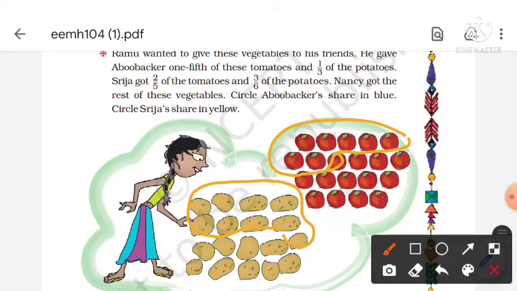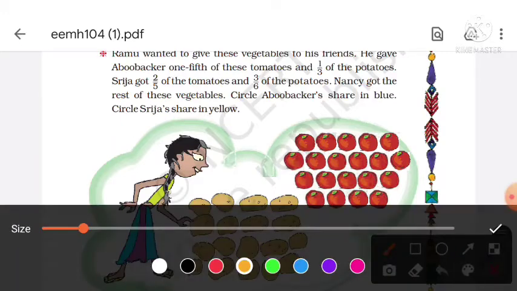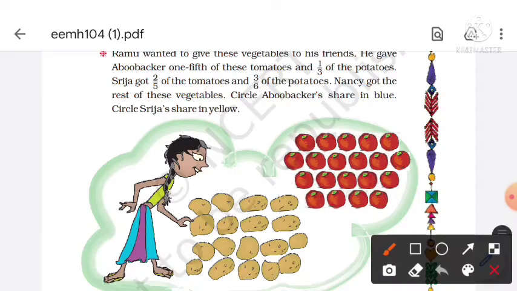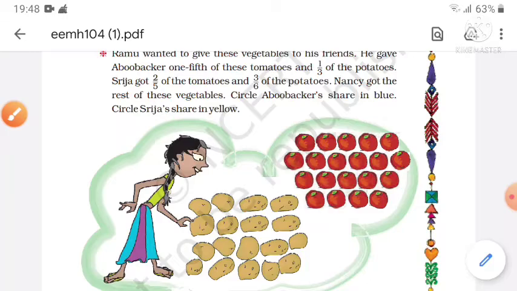Okay, and for Abu Bakr, 4 tomatoes here and 6 potatoes. So we can mark circle here as 6.